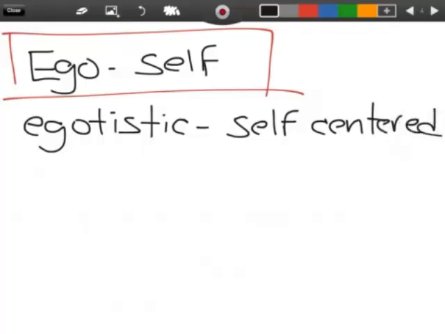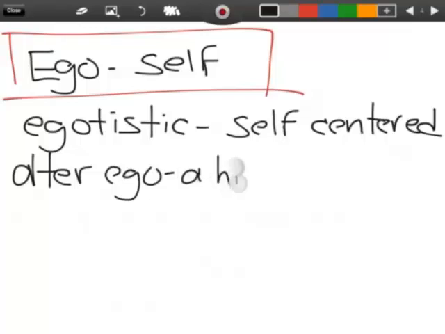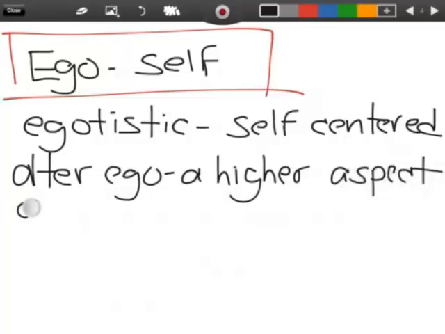And my other example is going to be alter ego. And the definition or the meaning of that word is a higher aspect of oneself.